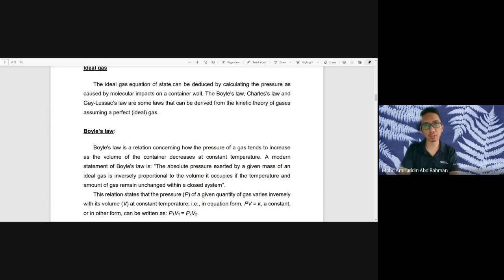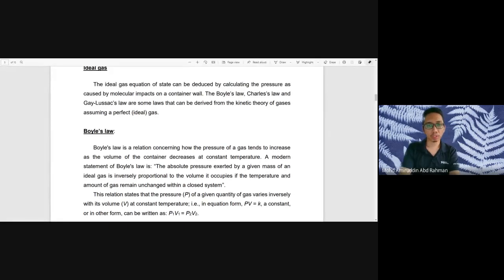Let's say the temperature is constant, like in a room, or inside a freezer, which you can also consider a constant temperature. But if there is fire, it is not a constant temperature because the temperature will keep increasing.